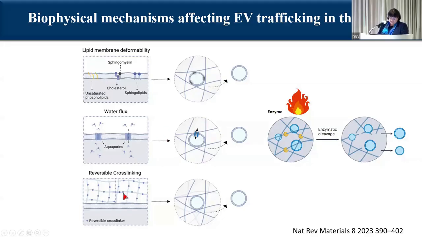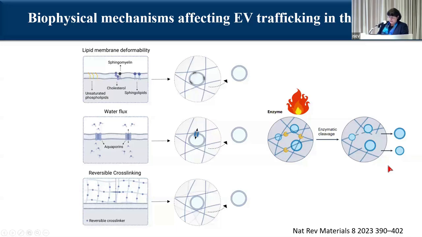Furthermore, we have to assume that there must be reversibility in cross-linking of matrix components, which enable vesicles to traffic inside dense matrices. If there is an inflammation, as you all know, enzymes are released from cells, and these enzymes are efficiently degrading the extracellular matrix, leaving space for extracellular vesicles to be released from the degrading matrix in a synchronized manner.